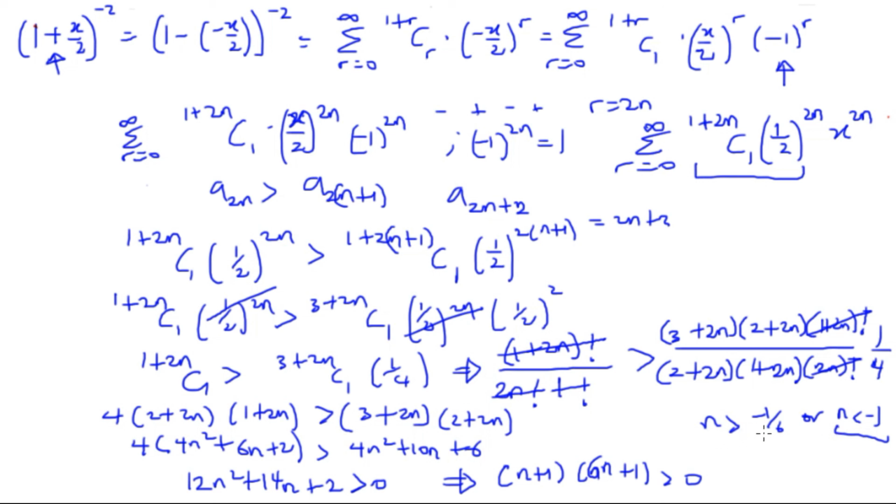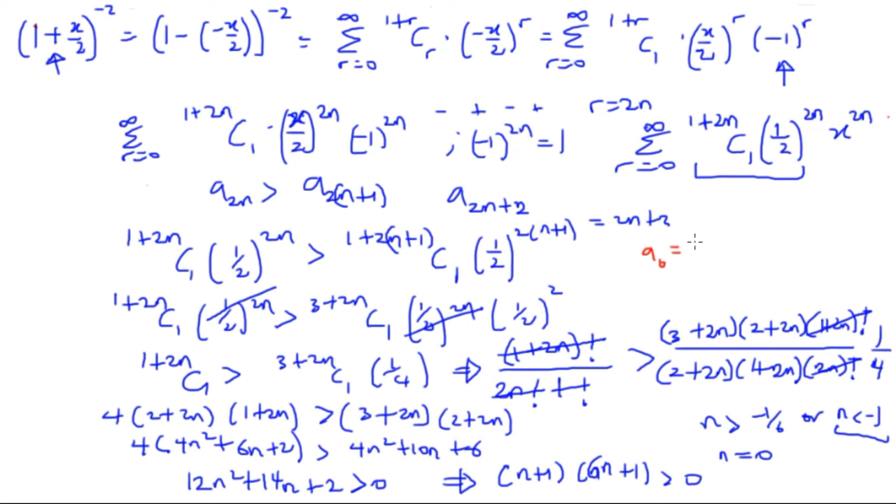So if n is greater than minus 1 over 6, which is a negative number, the smallest value of n that is positive is n equal to 0. Do you understand now? So the greatest coefficient is at the point where n is equal to 0. So our a2n, which is assumed to be the greatest coefficient, since n is now 0, 2 times n, that's 0.